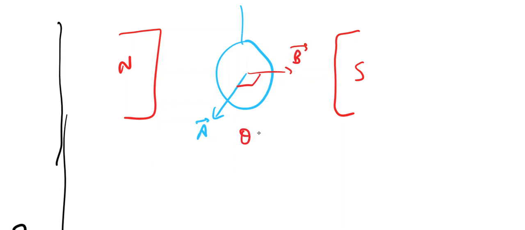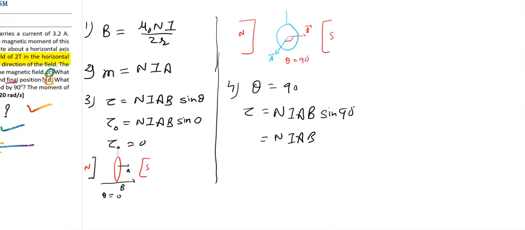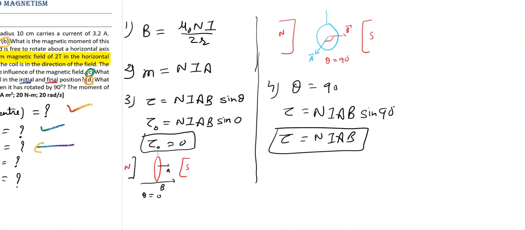And if the angle is 90 degree, then torque becomes NIAB sine 90 degree. That is simply NIAB. So this is the final torque acting. This is the initial value of torque.